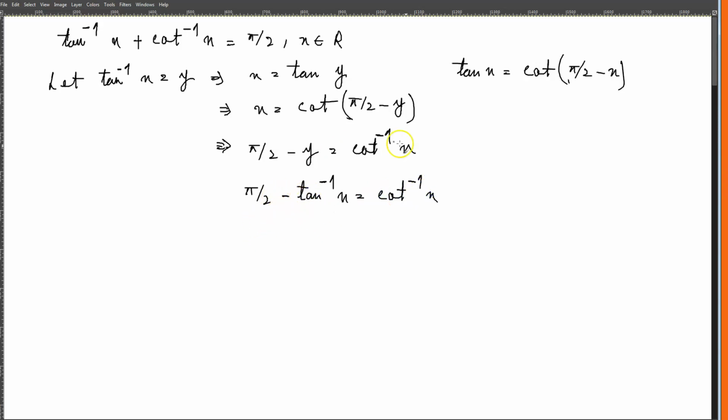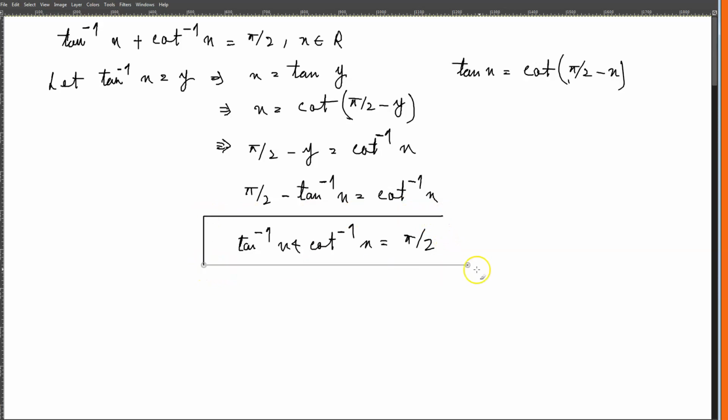Which means that if I take tan inverse to the other side, I will get tan inverse of x plus cot inverse of x is equal to pi by 2. And that is the second result that we wanted to prove here.